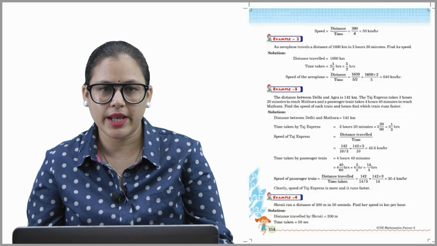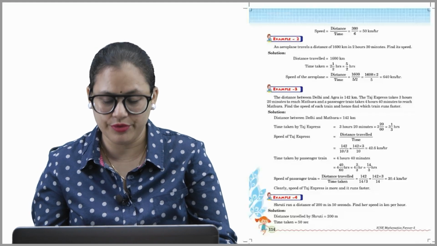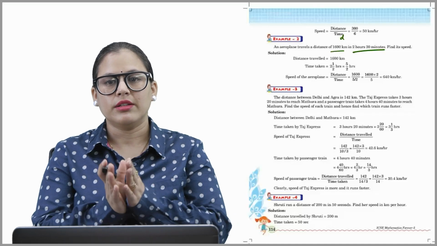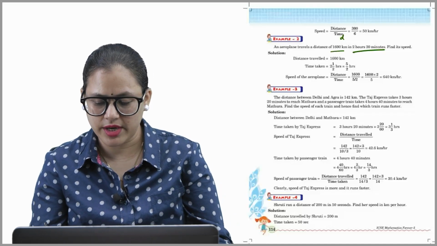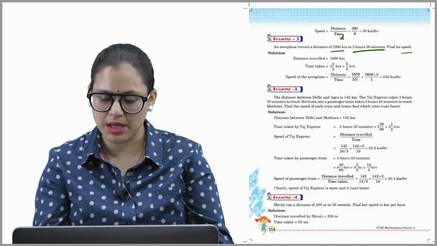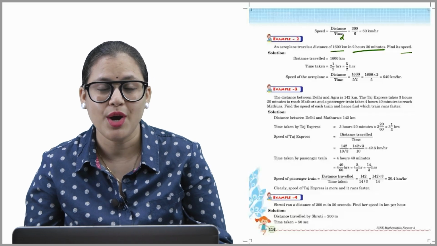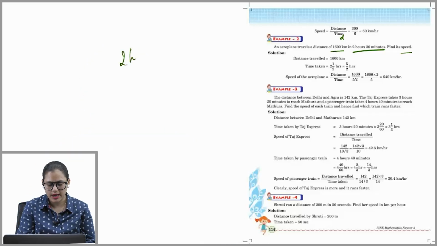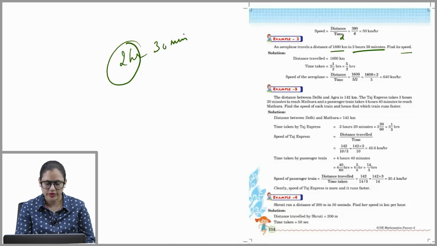Example number 2. An aeroplane travels a distance of 1600 kilometers. This is distance and this is time, 2 hours 30 minutes. So we have to find its speed. First, time is given in hours and minutes, so what will you do? You will convert this into hours. So 2 hours and 30 minutes. 2 is already in hours. We will convert the 30 minutes.